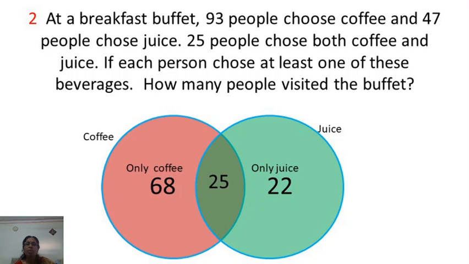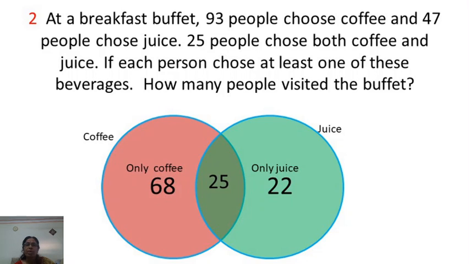So how do we calculate only coffee? 93 people choose coffee. So 93 minus 25 gives 68. Again, 47 people choose juice. So 47 minus 25 is 22.